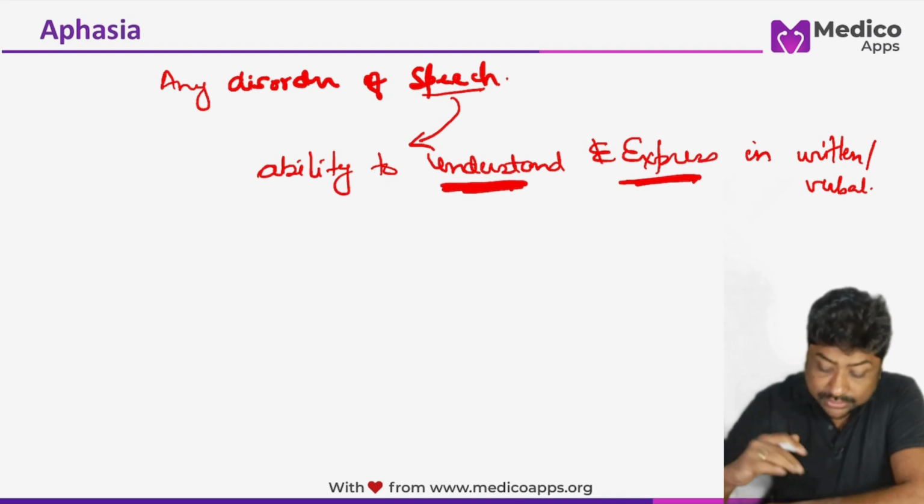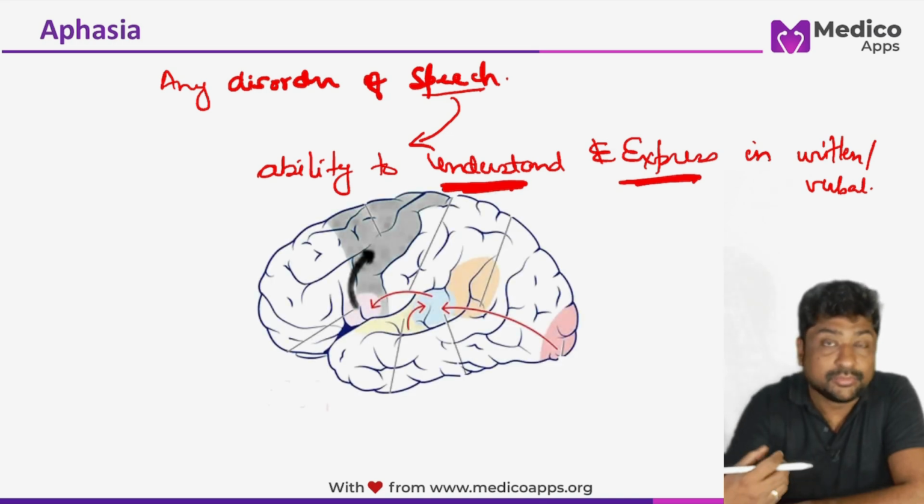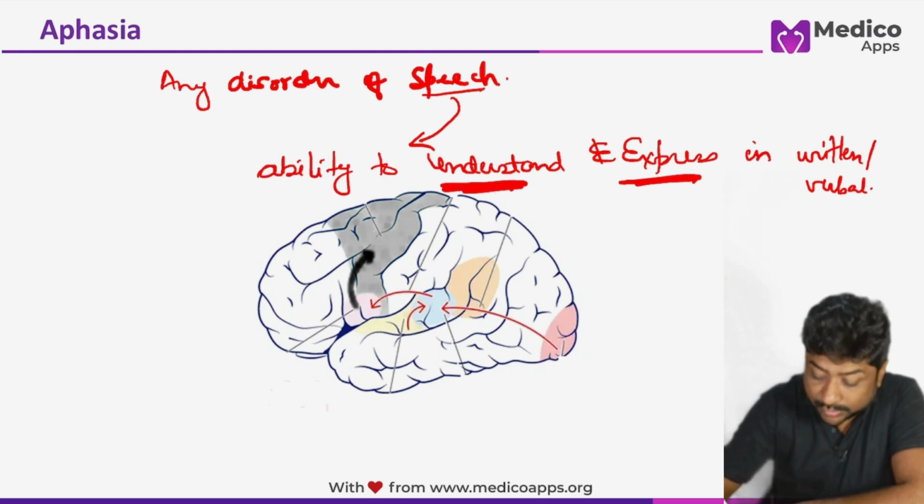Before I go ahead and tell you about different types of aphasias, let's quickly look at this particular diagram, because that will help you understand which areas of the brain are impacted and what kind of clinical features you will find. This we know is the visual cortex.